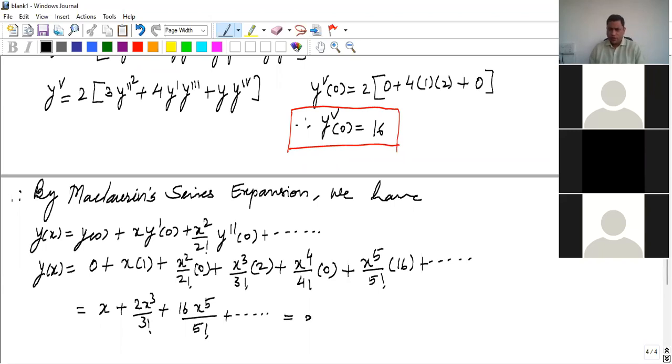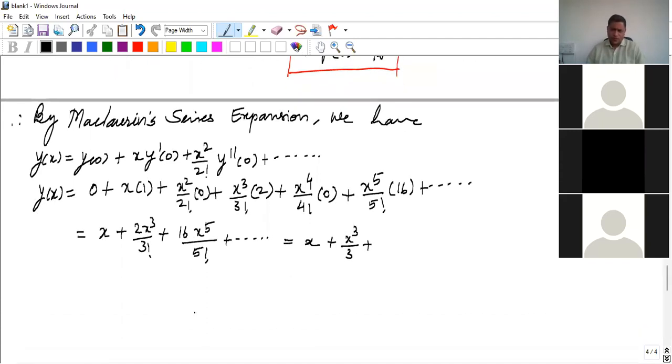So it is going to be x plus x cubed by 3 plus 16 by 5 factorial, which is 2x raised to the power 5 by 15, and so on.